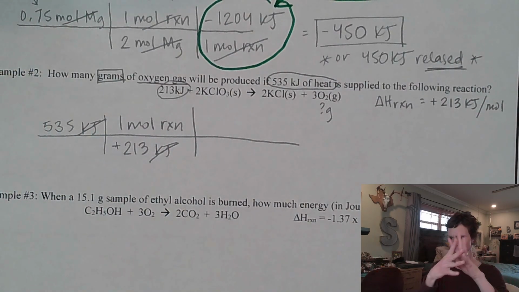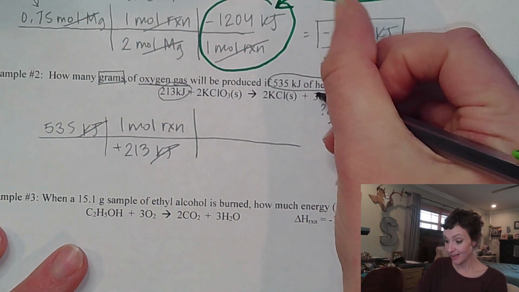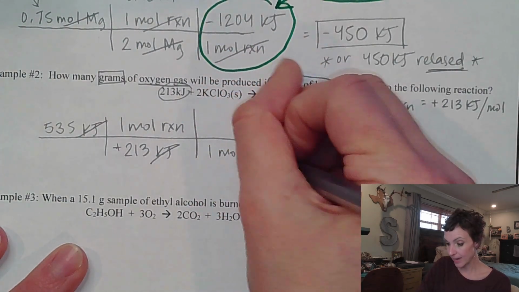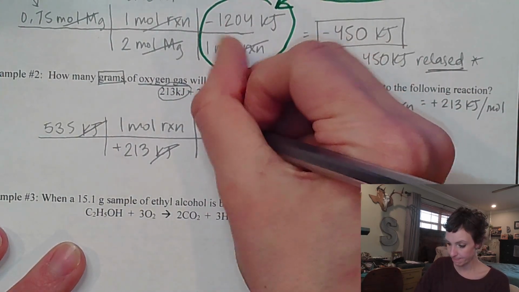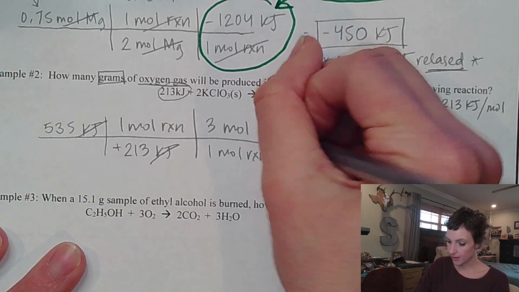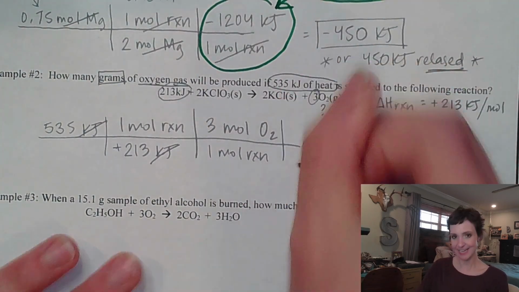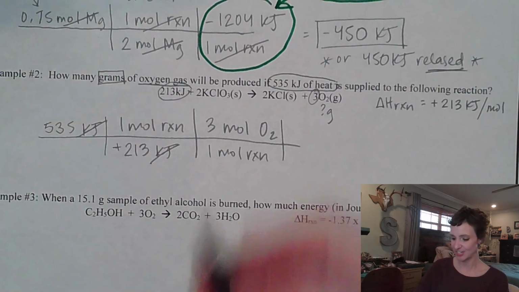Well, how do I go from talking about the entire reaction to talking about just the oxygen part? Y'all, I implement the coefficients. For every 1 mole of the reaction, I have 3 moles of oxygen. You see how this works? It's like a mole ratio, except just between somebody in the reaction and the entire reaction.